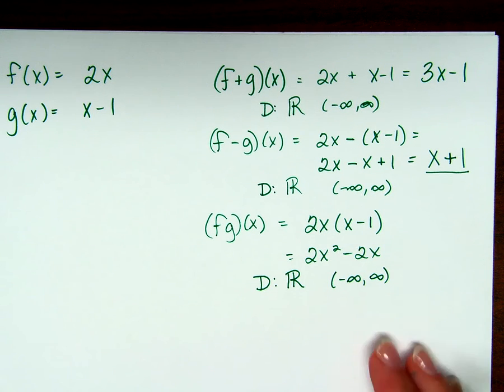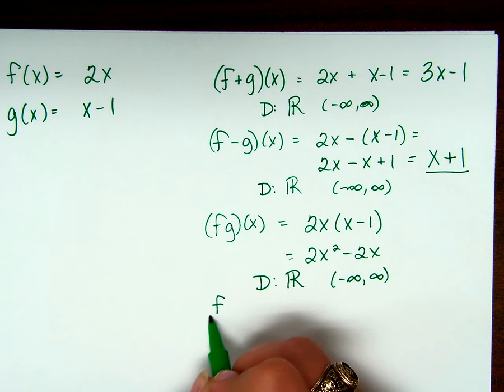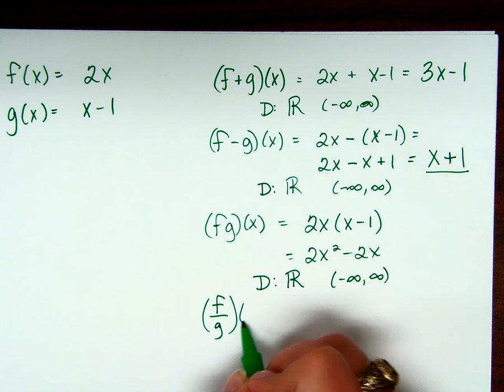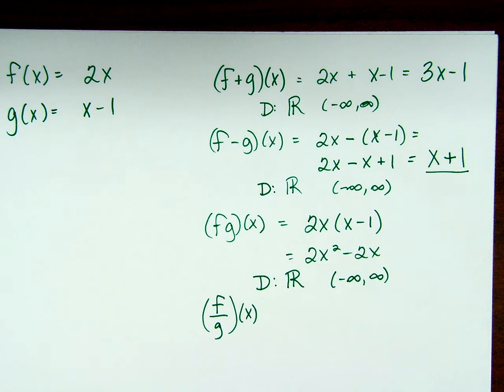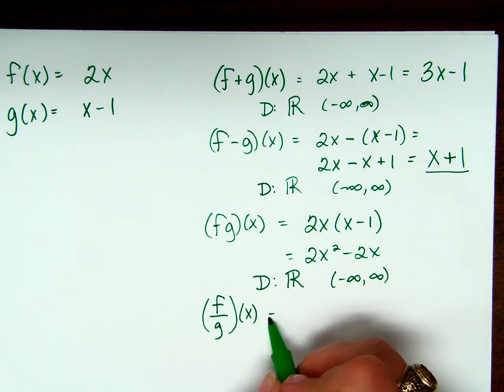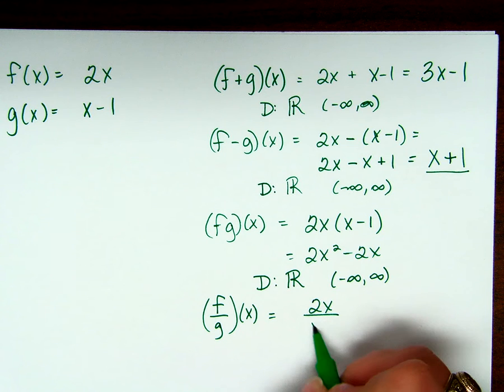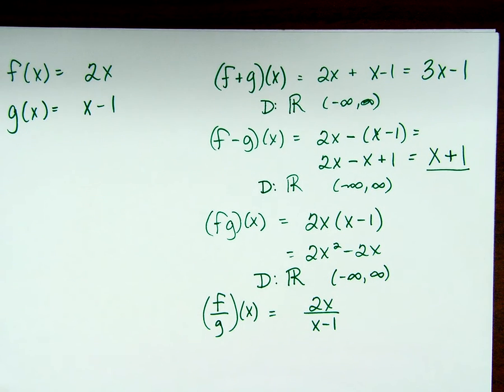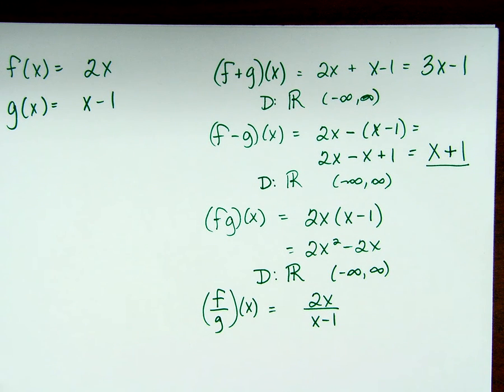And the last one? Divide. F divided by g of x. Well, f is 2x divided by g of x, which is x minus 1. Okay, done. That's all we can do. What's the domain?